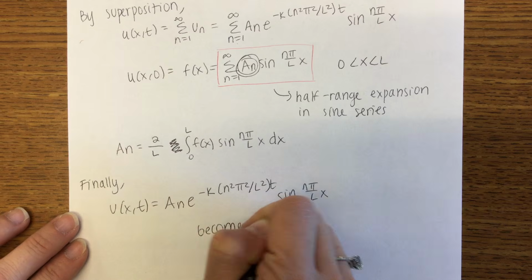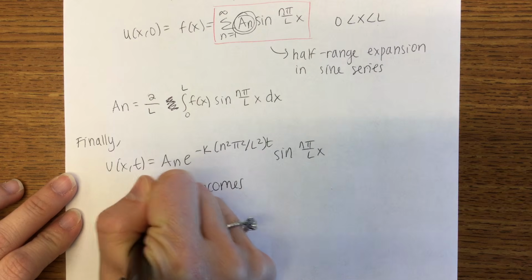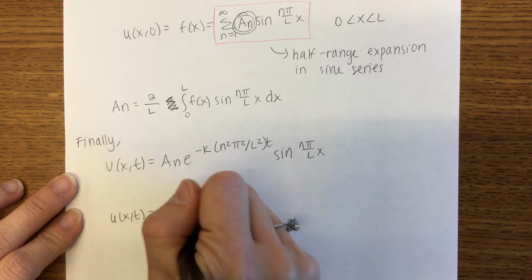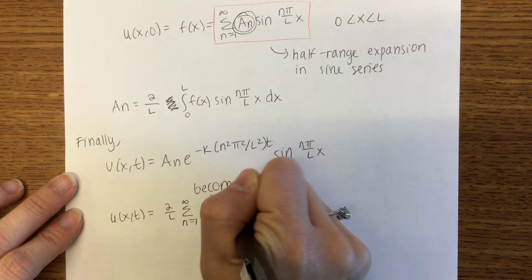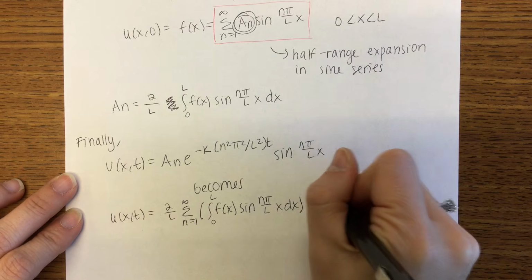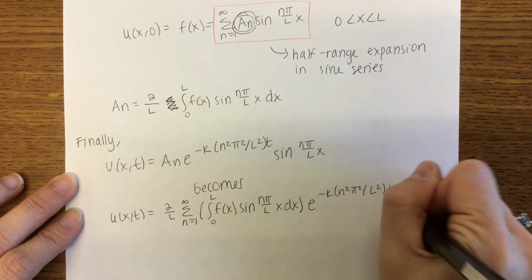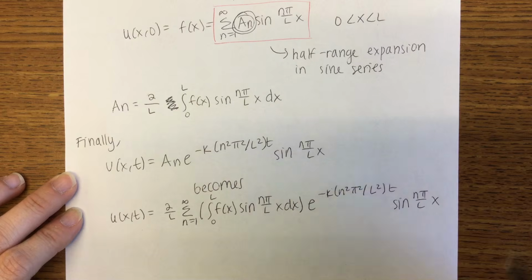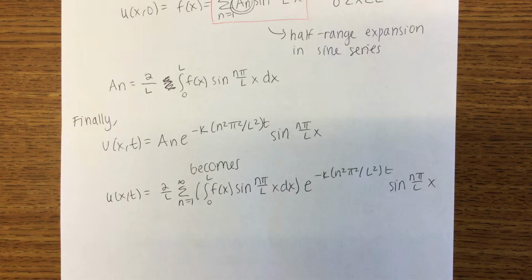Now that we know an expression for a of n, this becomes 2 over L summation from n equals 1 to infinity, integral 0 to L of f of x sine of n pi over L x dx, e to the negative k n squared pi squared over L squared t sine of n pi over L x. Woo! Yeah, that's the answer. So gross, I know.